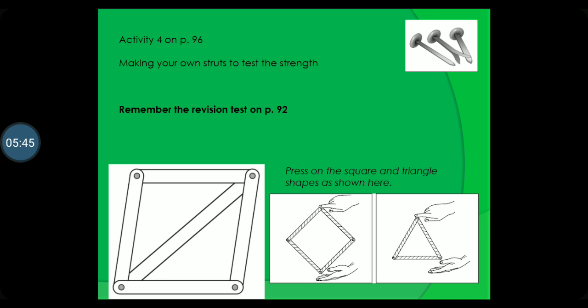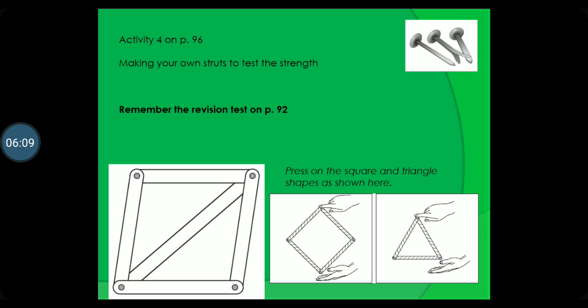So it's basically just the square shaped strut is 4 pieces of paper that you can connect with paper pins or with anything per se, but it just needs to be able to move. Okay, so almost like a joint, so then it can move. So you have to make a square and then a triangle. Once again, 3 different pieces of paper that you're going to connect so that it can move.